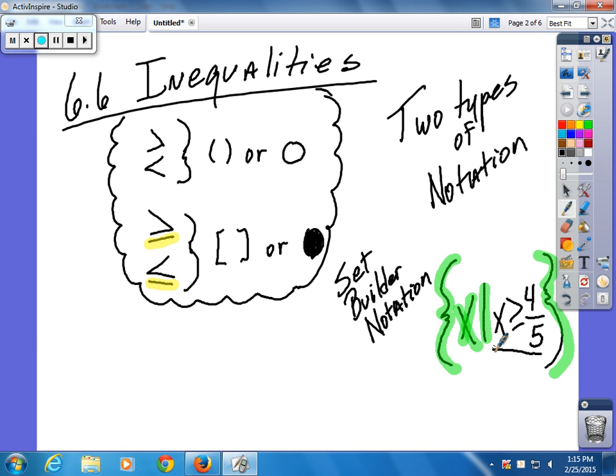It's called interval notation because it shows the solution set as an interval. Interval notation is where you're going to use these guys.